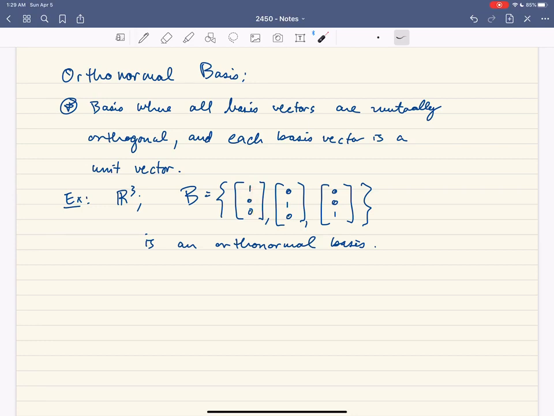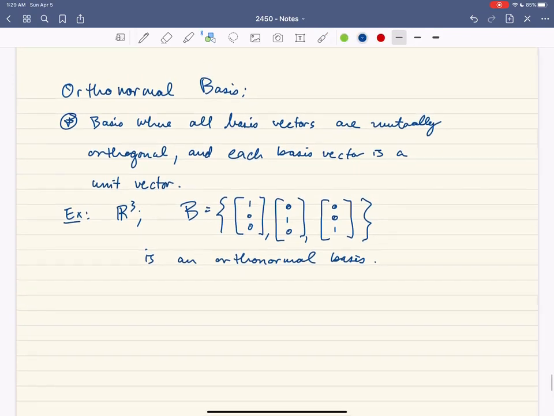Likewise for all the others. And they're all mutually orthogonal. When I draw these, they're all at a right angle from one another. So we have i, j, and k.